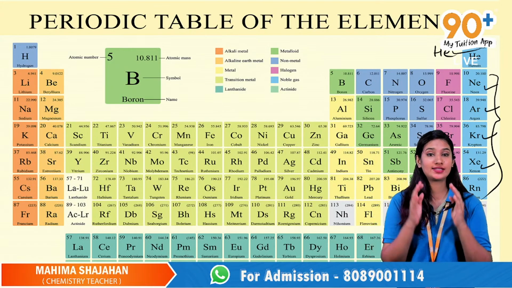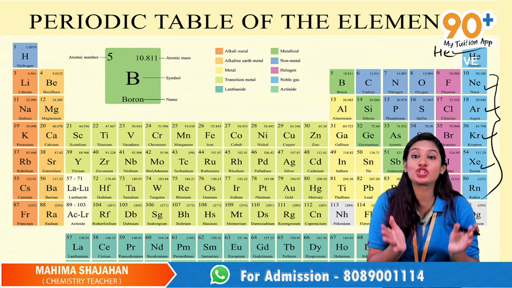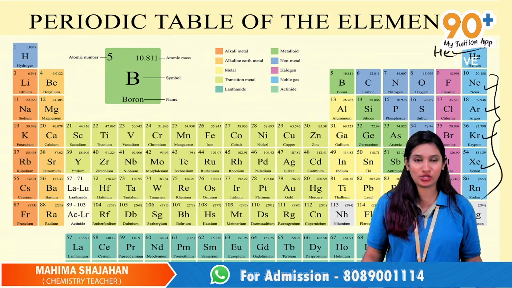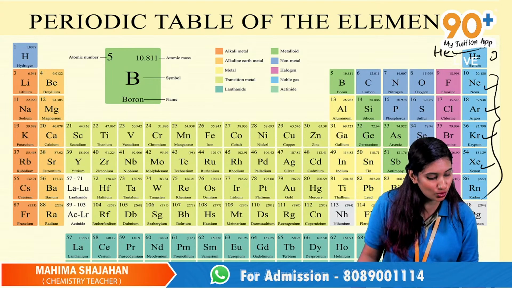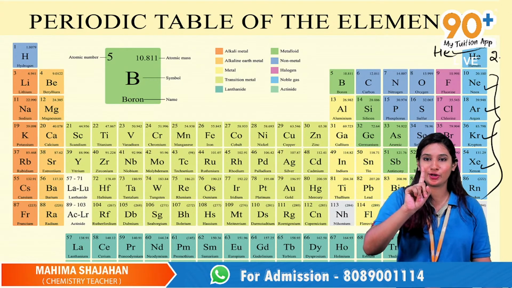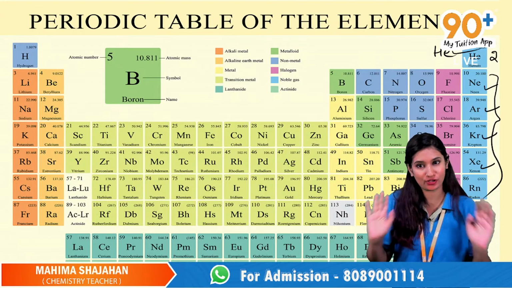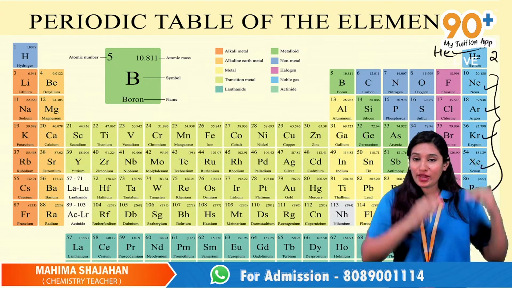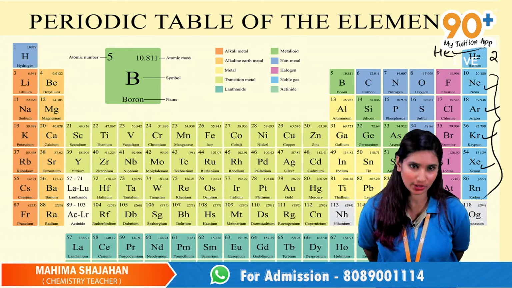Okay, listen to me carefully. They have got 8 electrons in their outermost shell. Now, helium is an exception. Helium has got 2 electrons. Only one shell, and it has got 2 electrons in that shell. Okay, yes. Rest of them has got 8 electrons in their outermost shell.